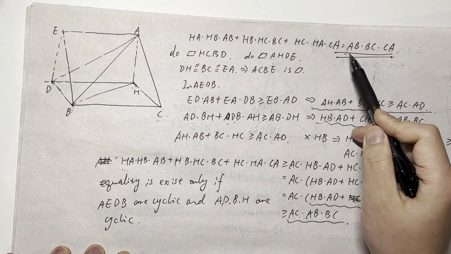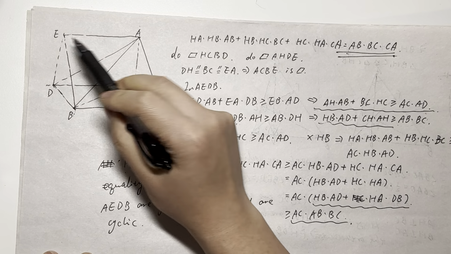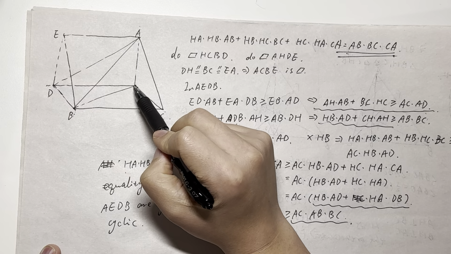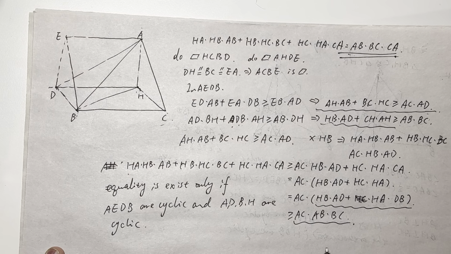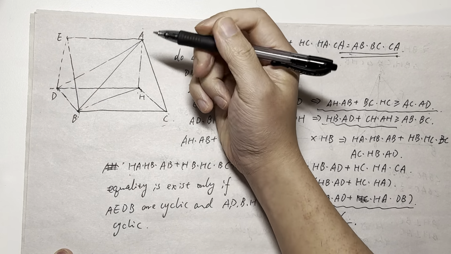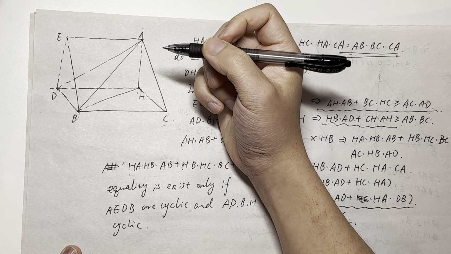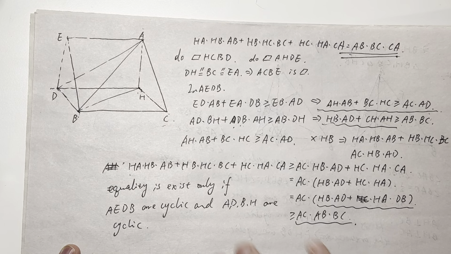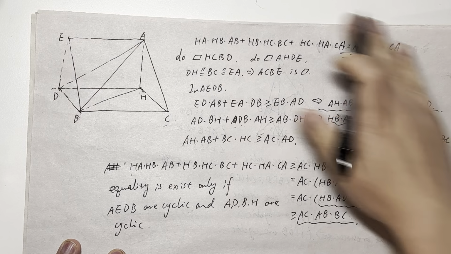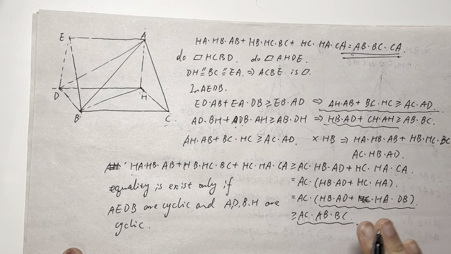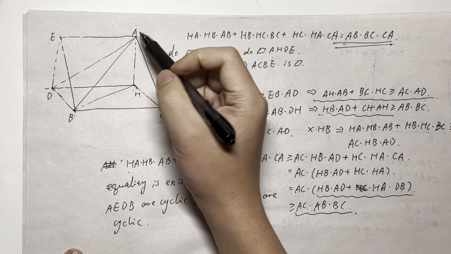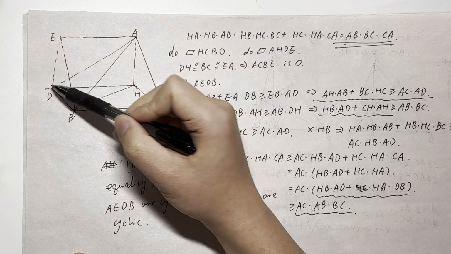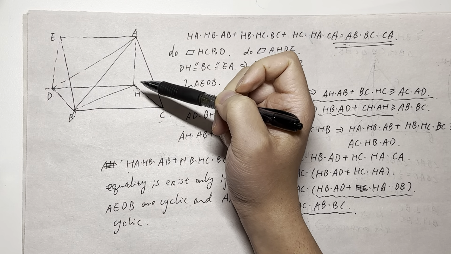This is a problem set. So we know that AEDB are cyclic and ADBH are cyclic, right? So now we think about how we can prove based on this. Based on this equation, we just get the two conclusions here, that AEDB are cyclic and ADBH are cyclic, right?